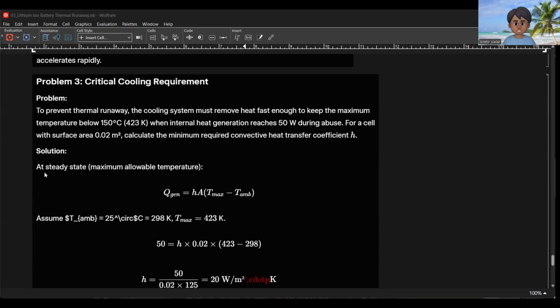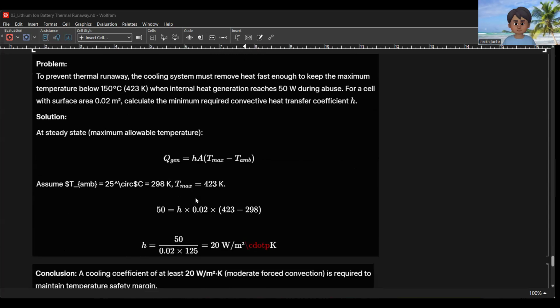So the solution here, at the steady state maximum allowable temperature, this is our equation for the heat generated due to convection.